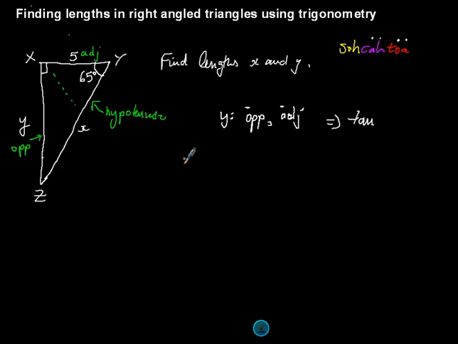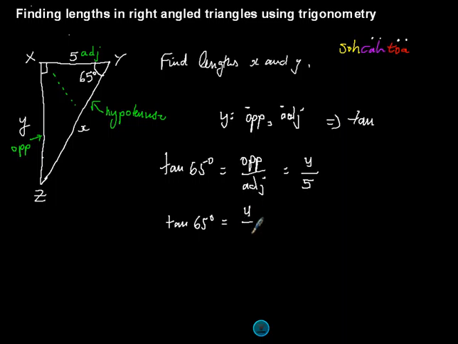Let's see. tan 65 degrees equals, I'm setting up an equation here, let's write down the definition first, the opposite over adjacent. The opposite is y, and the adjacent is 5, as before. Let's write this out as an equation. y over 5.